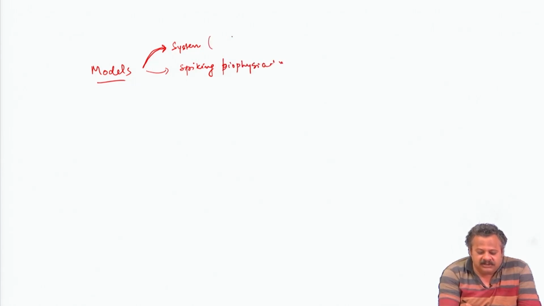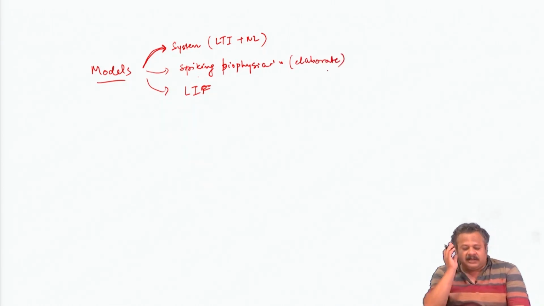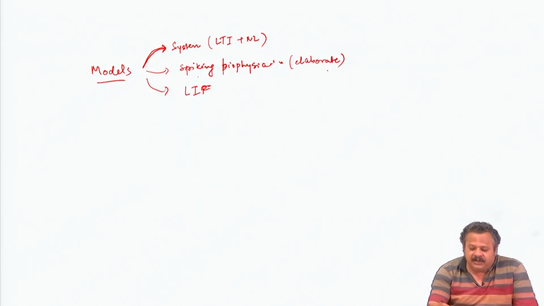What I mean by system is, let us say, a linear time invariant system plus non-linearity and so on. And then the simpler spiking models, like the leaky integrate and fire kind of neuron. These ones have elaborate ion channels in them to model specific spike timing and also incorporate specific types of channels if required, and how they affect spike timing and so on.